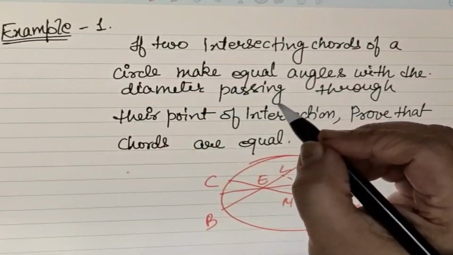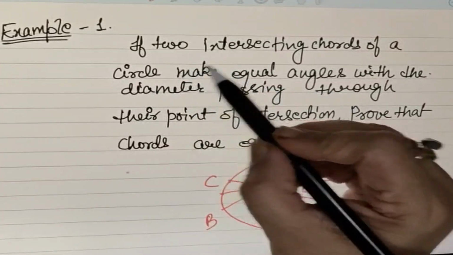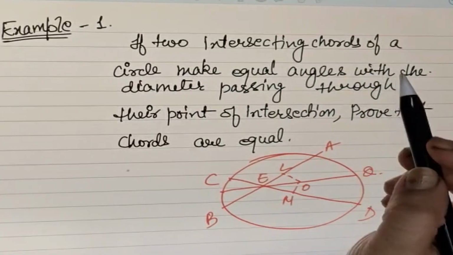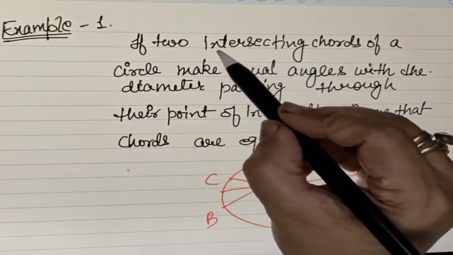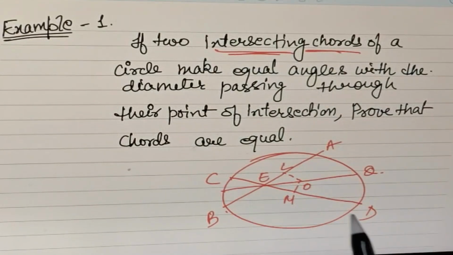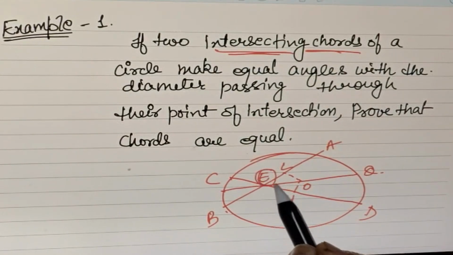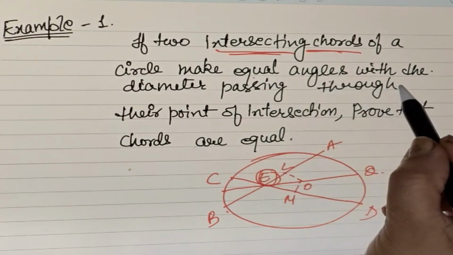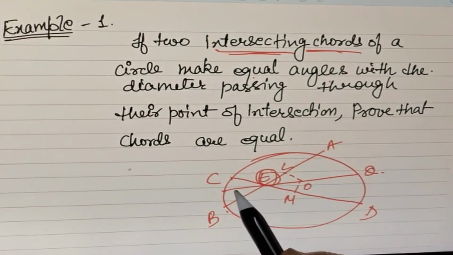Example number 1, it's very important. If two intersecting chords of a circle, I will explain the question part by part. First is intersecting chords. So which are they? AB and CD which intersect at that point E. Correct? Then make equal angles with the diameter. What is the diameter?